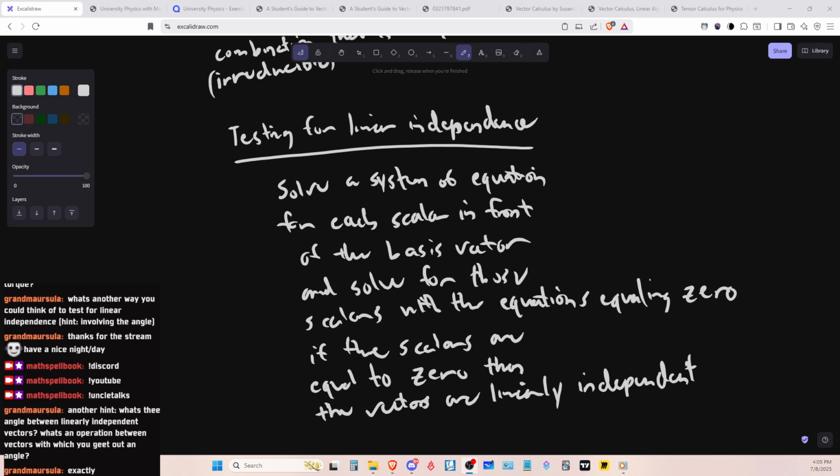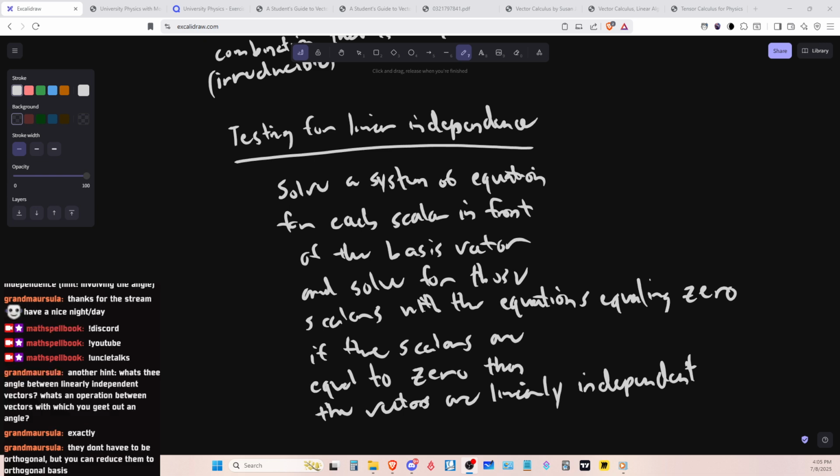That's my question, because I feel like you can. Like one that's 20 degrees, one that's 30 degrees, and one that's 60 degrees, right? They don't have to be orthogonal, but you can reduce them to an orthogonal basis. Okay, that makes sense. I don't think we've gotten that far yet. So that's probably something I have to keep in mind when I'm doing linear algebra on the side.